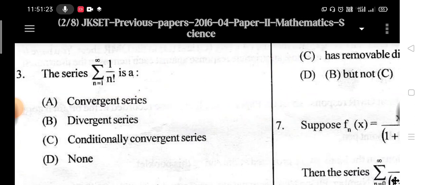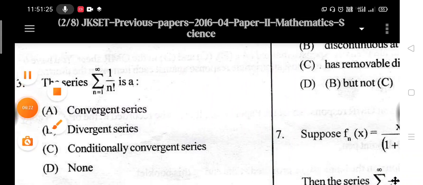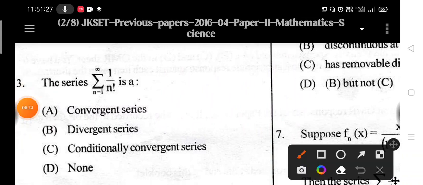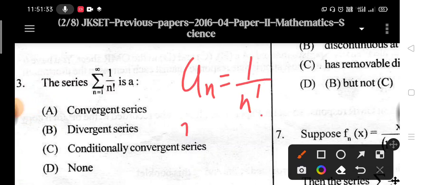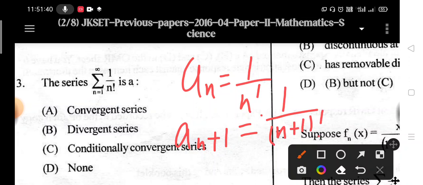So let's see what is a n here. So a n is equal to 1 upon n factorial. From a n we can calculate a n plus 1. This is equal to 1 upon n plus 1 factorial.